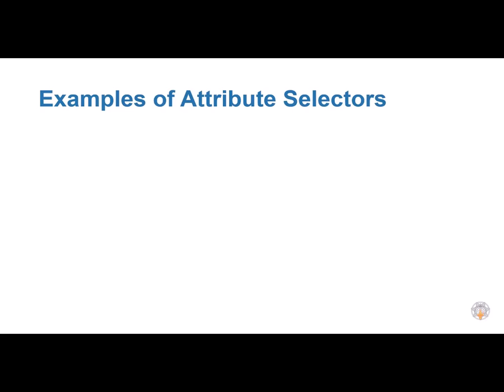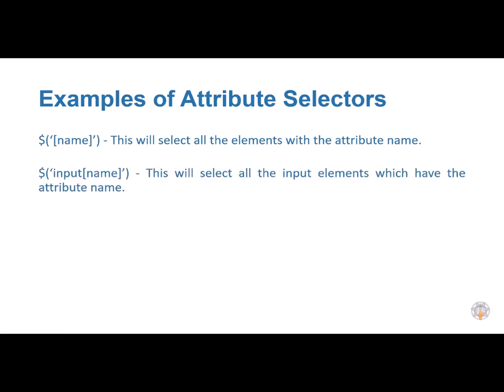of the attribute selector. This is a selector which will select all the elements with the attribute name. The second selector will select all the input elements which have the attribute name.